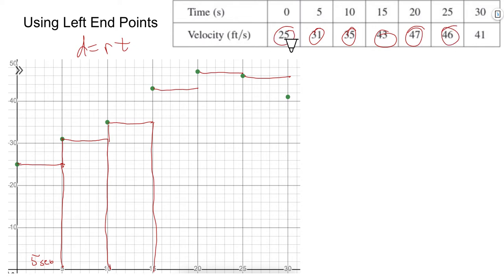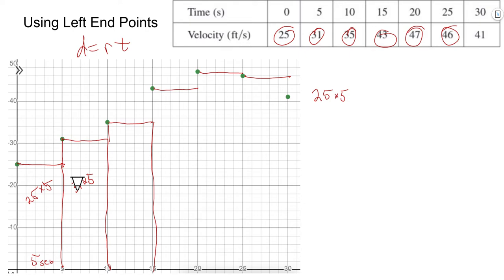These are the heights of the rectangles. So if I take 25 times 5, I'm going to get the area of this rectangle. Okay, does that make sense? I'm not doing anything overly fancy. That's all we're doing. And once I get that, if I add that to this rectangle, which is 31 times 5, I'll have the distance I've covered in the first 10 seconds.